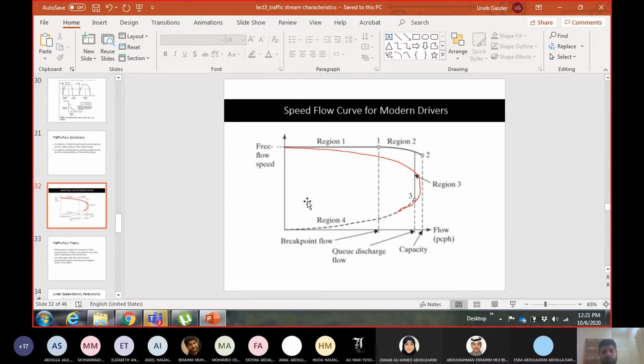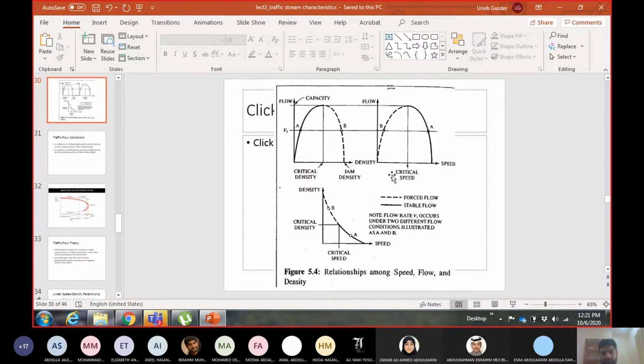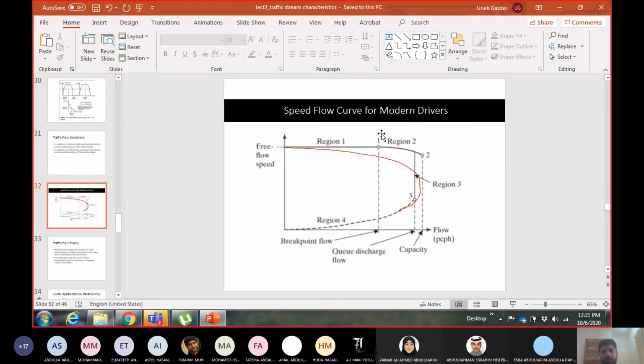So instead of having flow on the y-axis, they are putting flow on the x-axis and speed on the y-axis. Okay, and secondly, if you look at this curve, it was a simple curve, gradually changing. But for the modern drivers, you see a straight line, a curve, another straight line, then a curve. Okay, so it's not a smooth curve for the modern drivers.